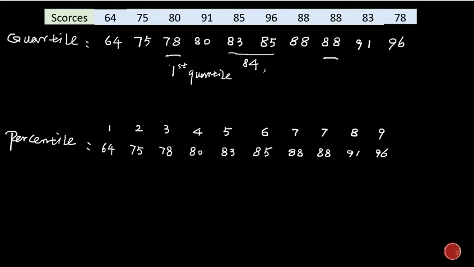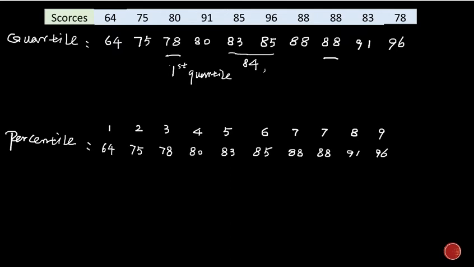Percentile. We know percentiles are boundaries that divide the data set into 10 or into 100 parts. Maybe it confuses you because we only have 10 numbers, 10 data.